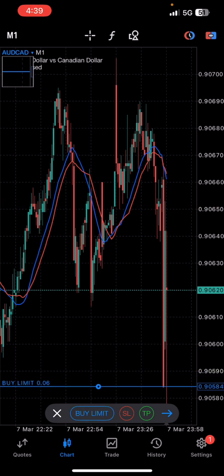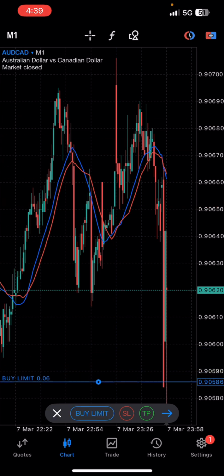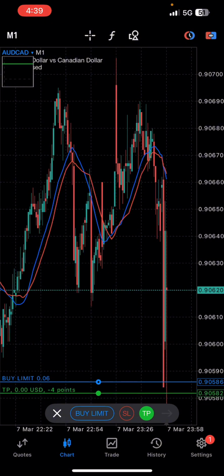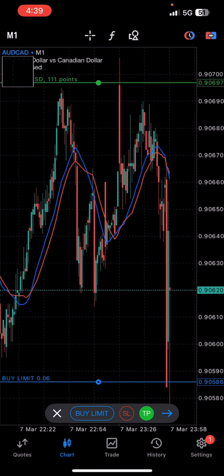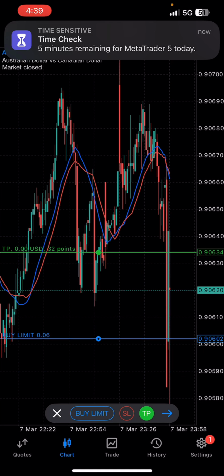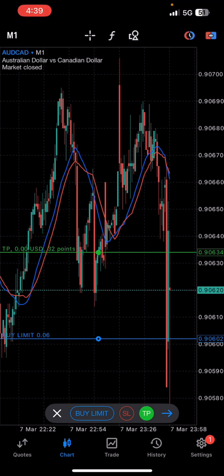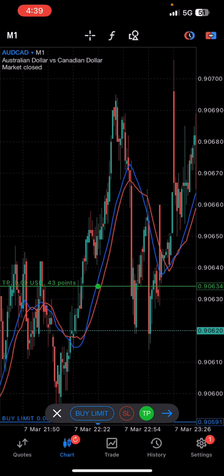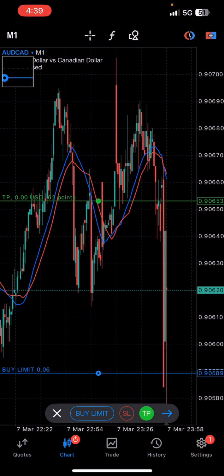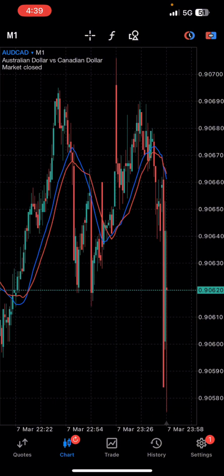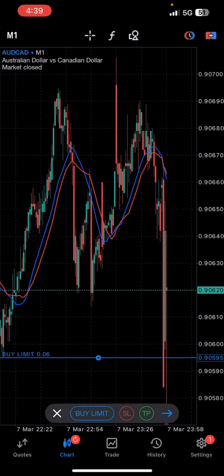So when you're buying, you're expecting that the market should go up, right? You usually buy low and expect that the market should go up. It's just like in real estate, you buy a land and then you expect that the market should continue going up. So you can basically use it to say, okay, I want to set a buy limit. Buy limit and sell limits are basically like pending orders.